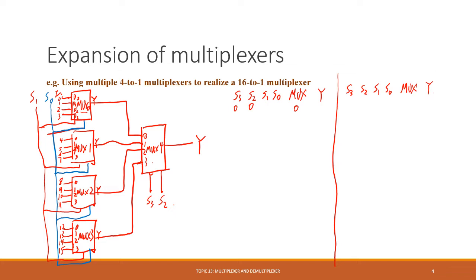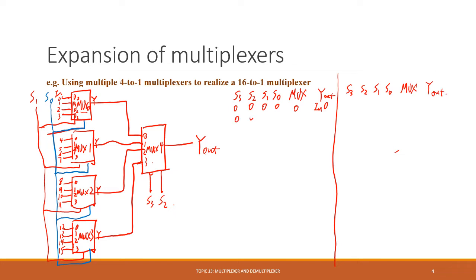And S1, S0 will determine which input of mux 0 is sent to its output. Finally, it goes to the real output, the final output. So if it's 0, 0, which means input 0, we're showing it at this y out here. Let's call it y out.